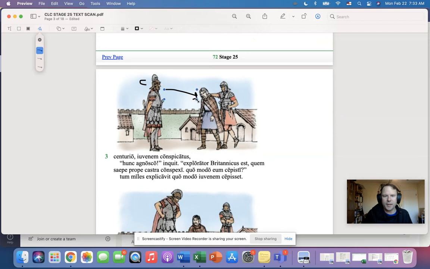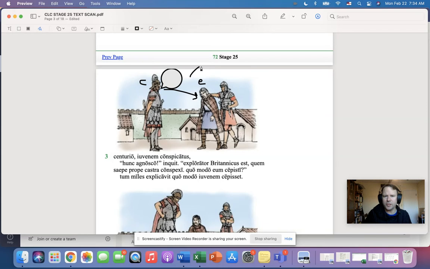Hominem conspexit, and he says, hey, hunc agnosco, inquit. Explorator Britannicus, let's put a little E by him. Explorator Britannicus est, quem saepe prope castra conspexi.